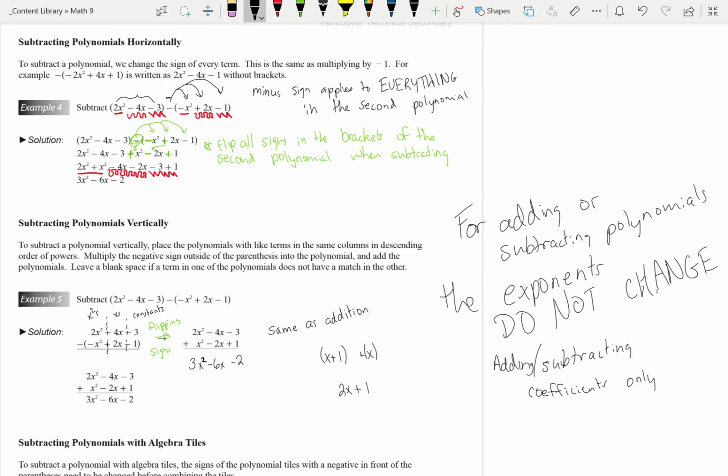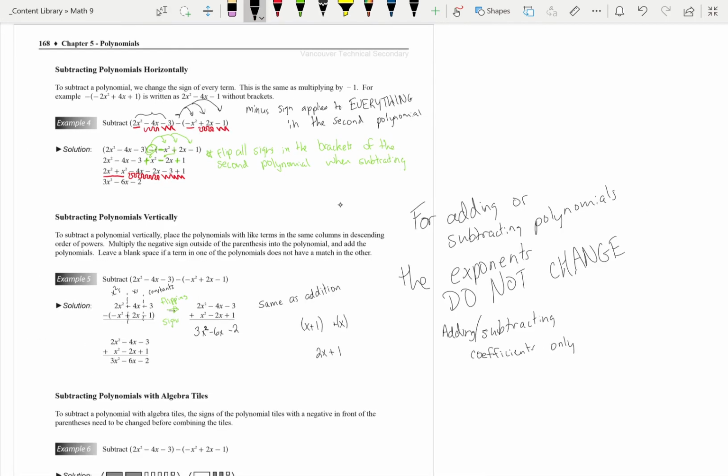And the thing is, I can do this with any number of things. So one of the practice problems you'll see is that I can have a polynomial plus another polynomial and then minus another polynomial.